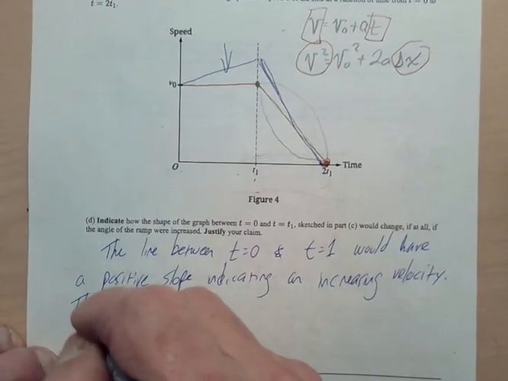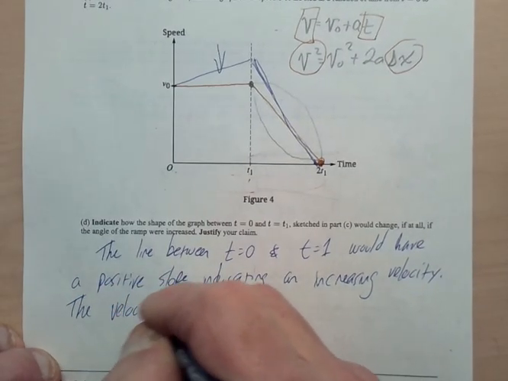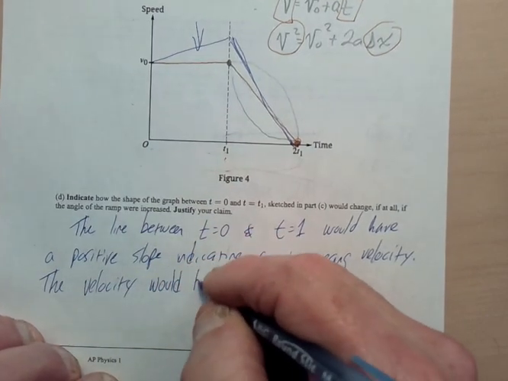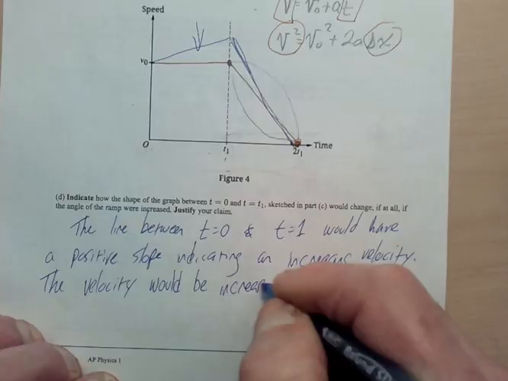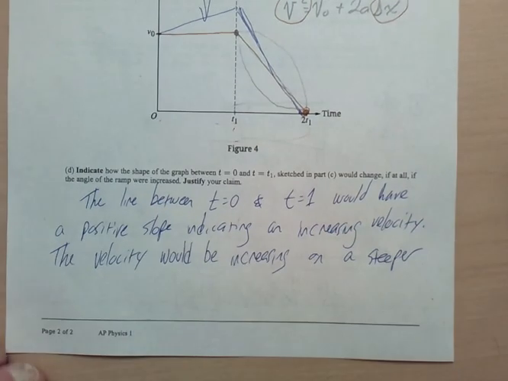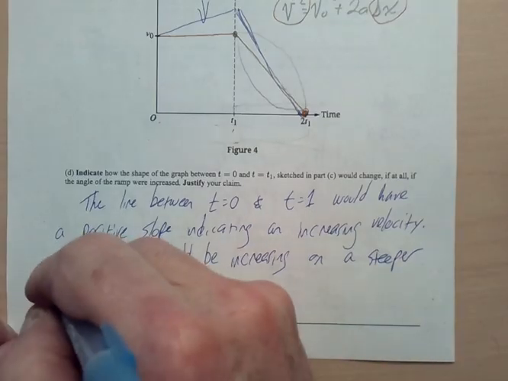The velocity would no longer be constant. The velocity would be increasing on a steeper ramp.